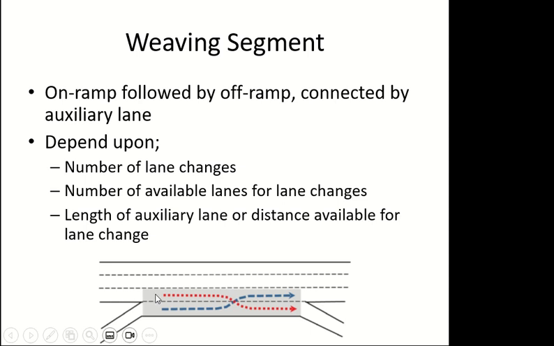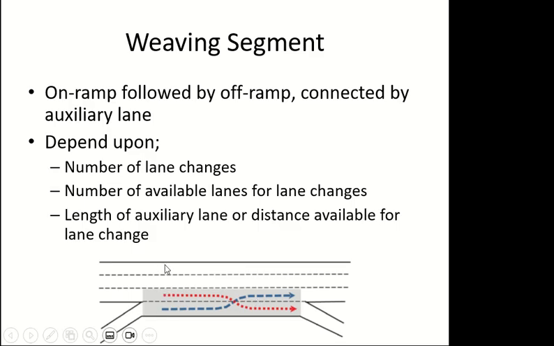So if I'm on the freeway and want to go through the ramp, I can do it with 1 lane change, like the red line. If I'm on the ramp, coming onto the freeway, I can do it with 1 lane change like the blue line.